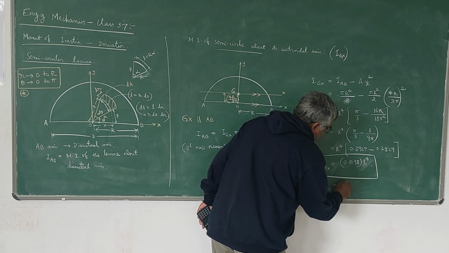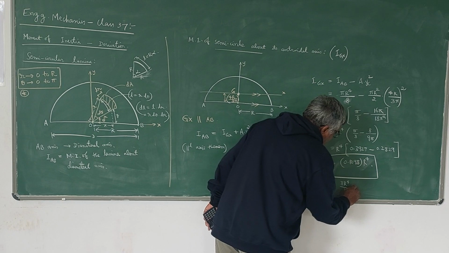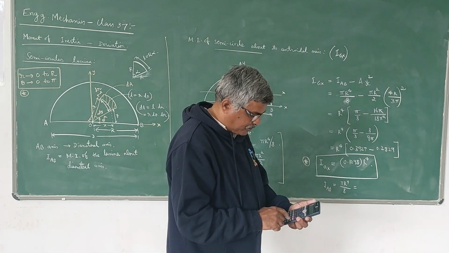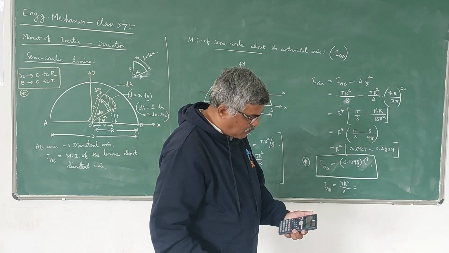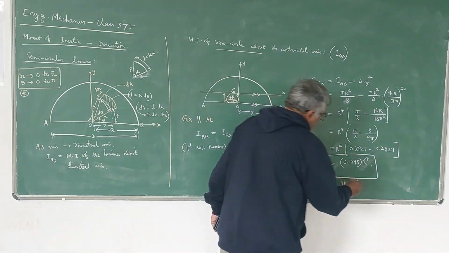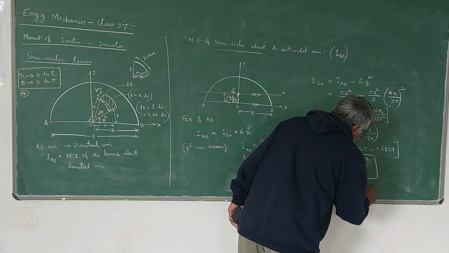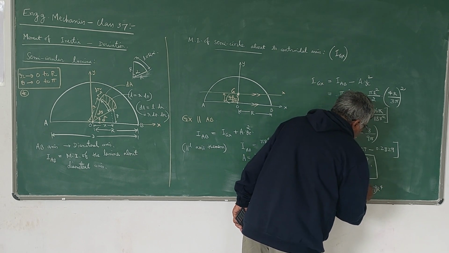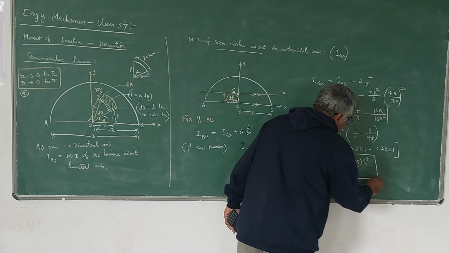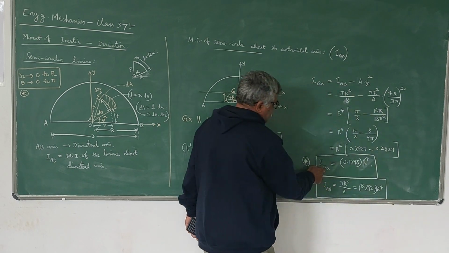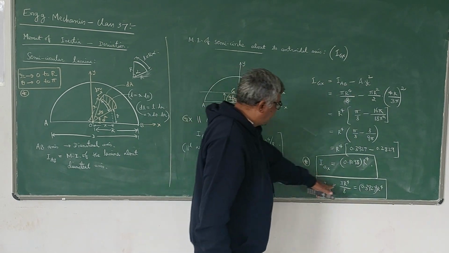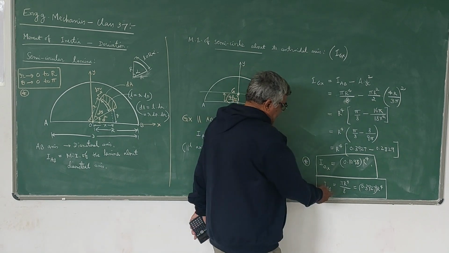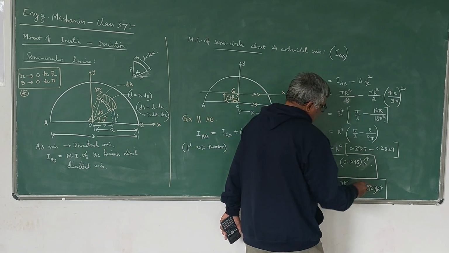If you write in decimals, pi by 8 is 0.3927 into r power 4. So this is in decimal form, and this is in pi form. You can observe here that IAB is greater than IGX.